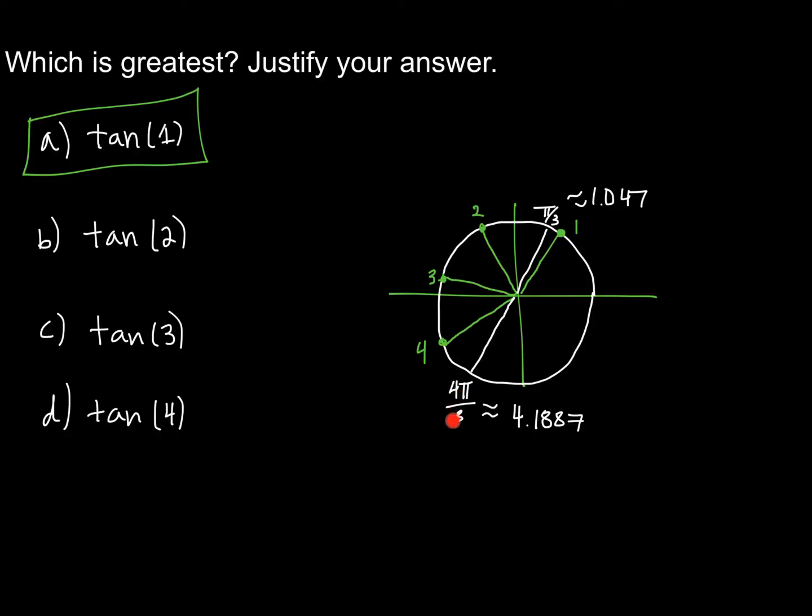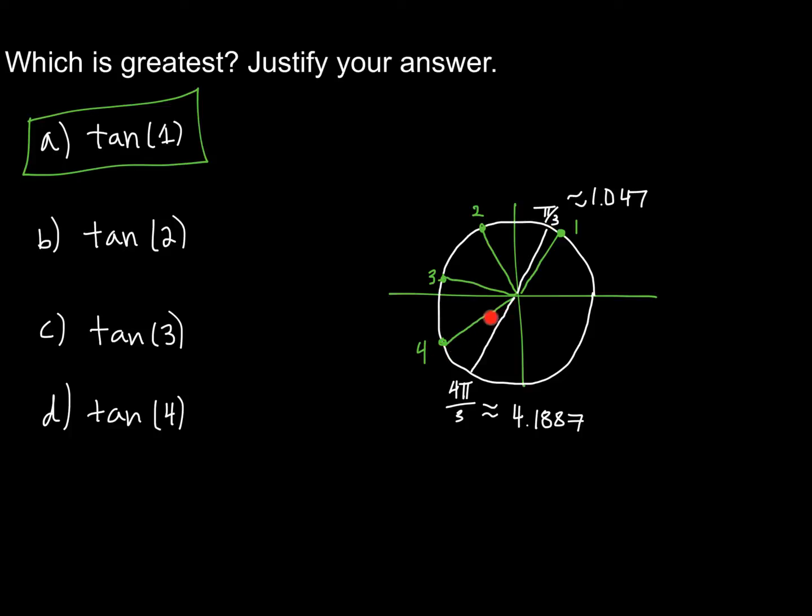Well, 4 pi over 3 is approximately 4.1887, which means that 4 radians is about 0.1887 units away from 4 pi over 3. So this distance here is 0.1887. Pi over 3 is about 1.047. So 1 radian is just 0.047 units away from pi over 3. So clearly this 1 radian measure is much closer to pi over 3 than is 4 radians.